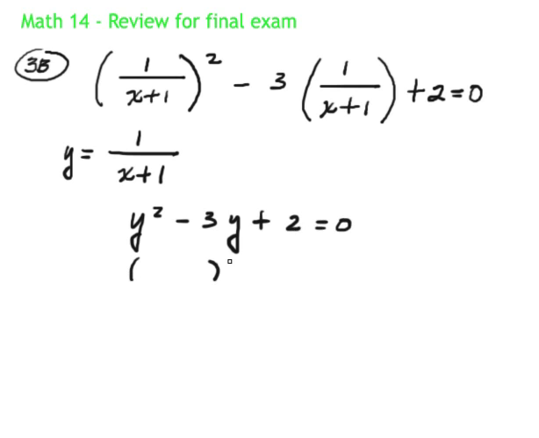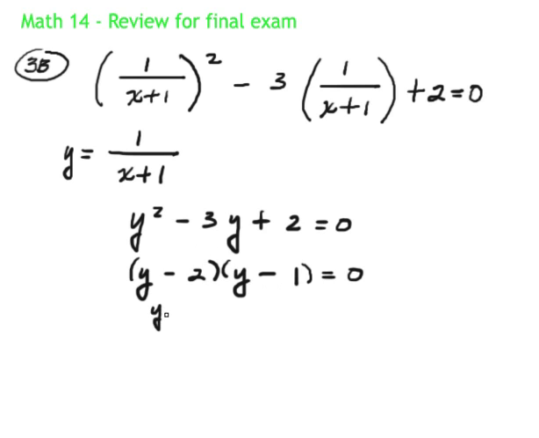All right, so let's solve this quadratic equation by factoring. We have this factors as y minus 2 times y minus 1. Okay, and check the middle term, minus 2y plus minus y is equal to minus 3y.